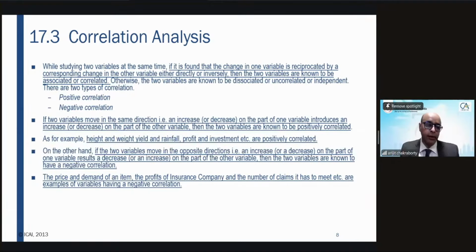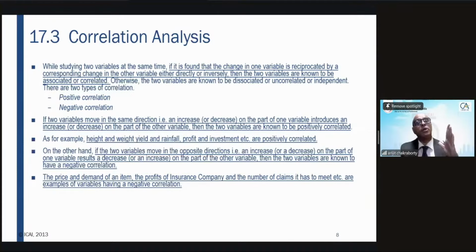Think of an insurance company: the more the number of claims, the profit of the company may fall. Higher the provision, profit will usually fall, because provision for bad debt, provision for doubtful debt, is usually seen as a charge in the profit and loss statement.